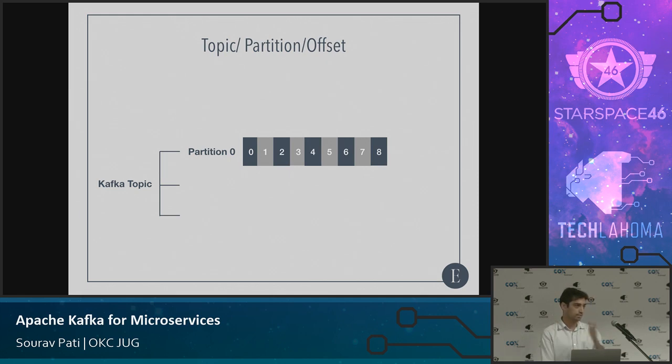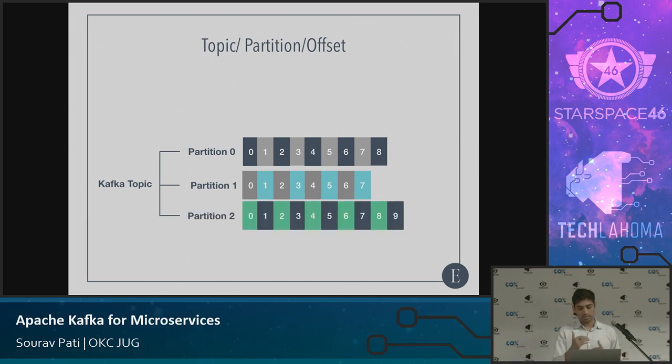Then you have another partition which also starts with an offset and gets all its messages appended to each other. And then you have partition 2. So this is how Kafka stores these logs, storing these events in their partitions.